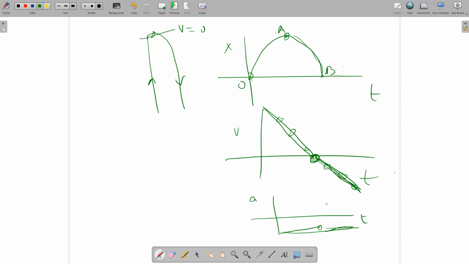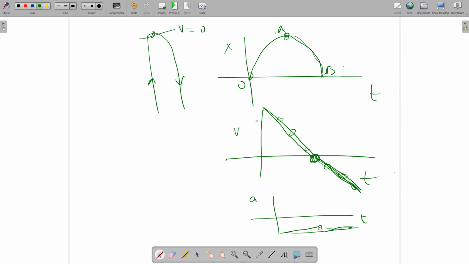This is a better way to understand. So this is all about the graphical explanations which I want to give you.